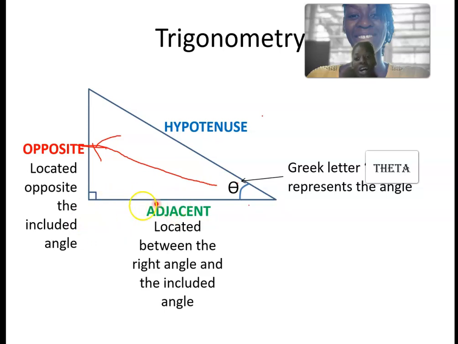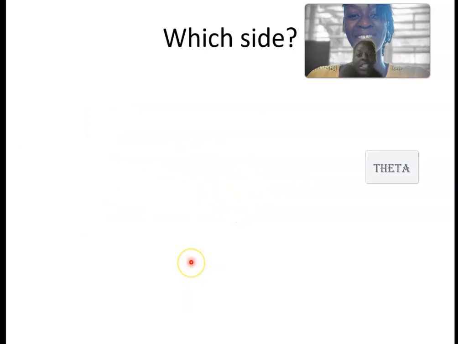So on the adjacent side, you will see the right angle and the acute angle. Alright, so let's see if you're getting the drift of this, because looking at trigonometric ratio, you need to be able to identify the side opposite to the angle and the side adjacent to the angle and the hypotenuse. If you can't identify those, then you cannot use the trigonometric ratios.